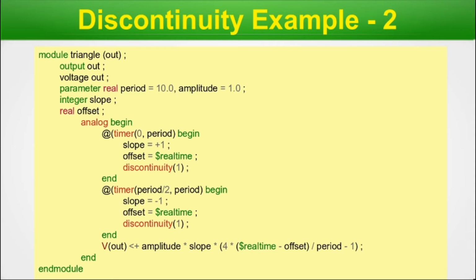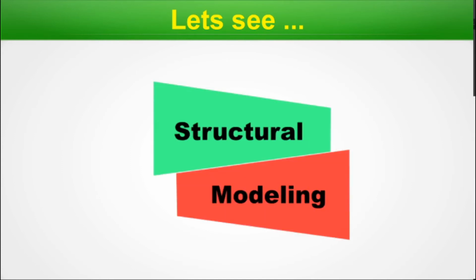Obviously these are not exhaustive, but when we are dealing with analog design, we will keep in mind that discontinuity is a factor we have to be very cautious about, otherwise the simulator will struggle and may diverge. Okay, so let's see the next chapter, structural modeling.